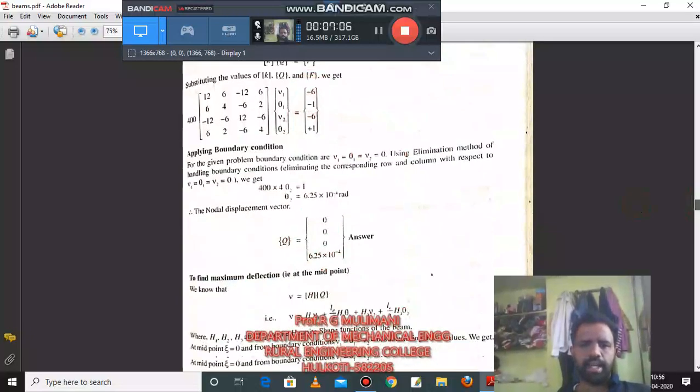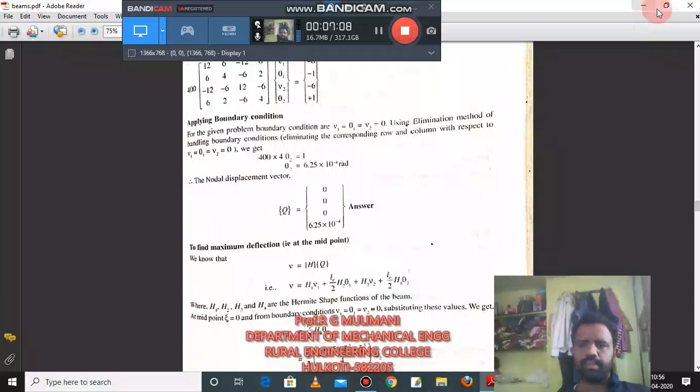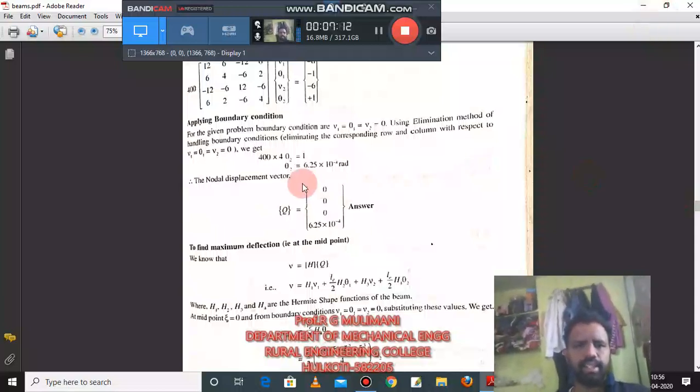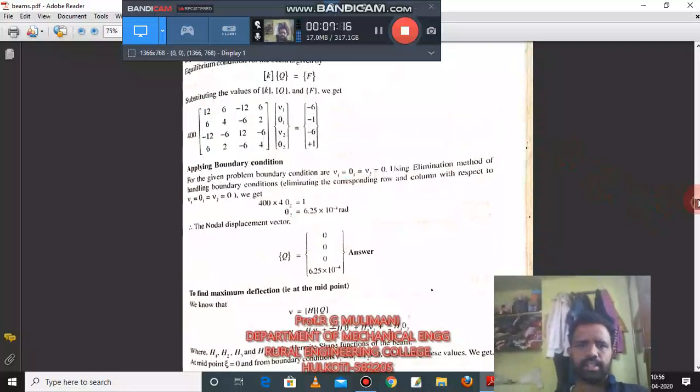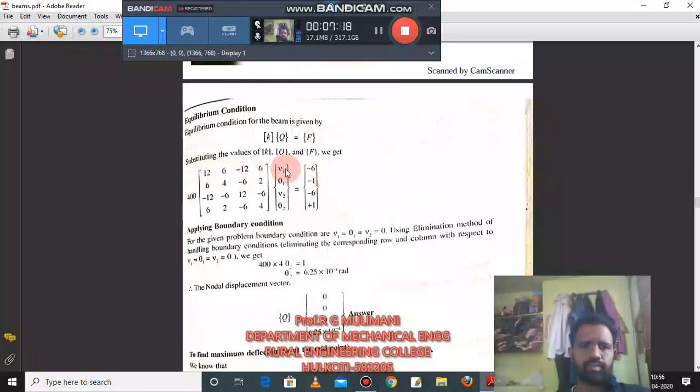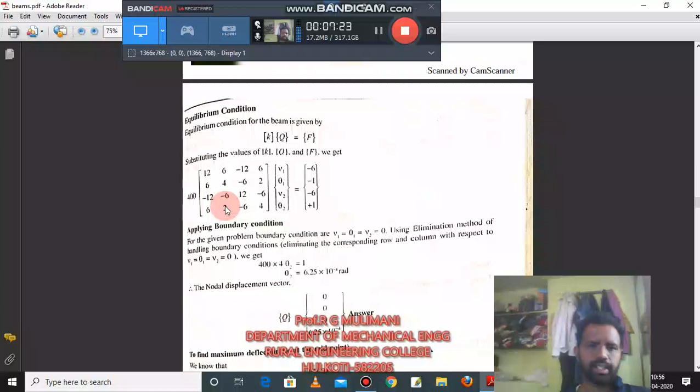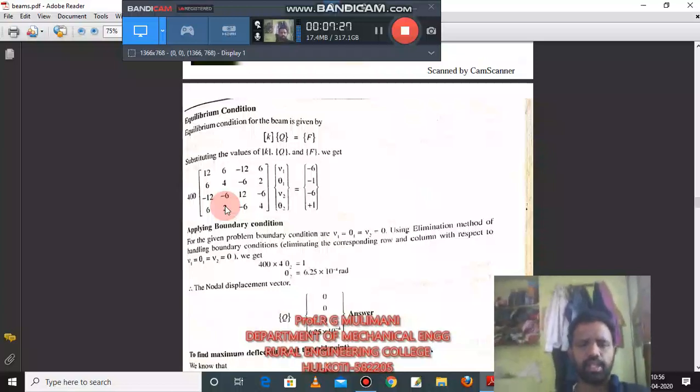Okay, then by elimination approach, in this problem node 1 is fixed. Node 1 is fixed means V1 and theta 1 are 0. So first row first column and second row second column can be deleted. Similarly, node 2 has the roller support.